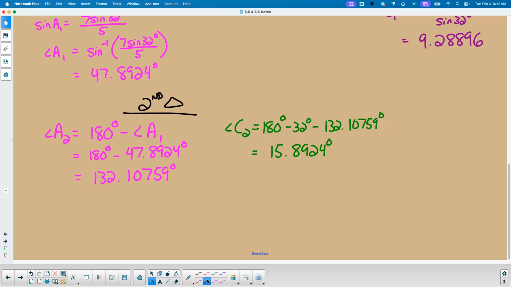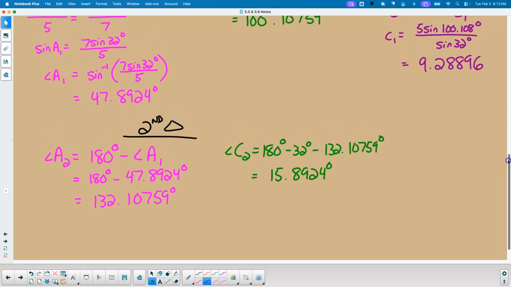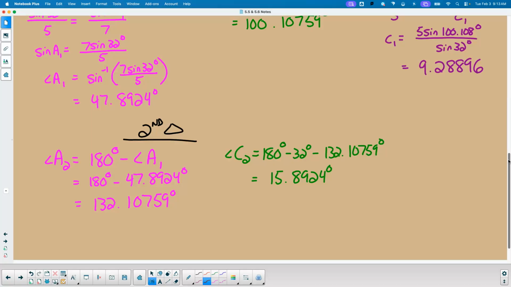Then I'm going to scroll back up just a little bit. We did the work for side C sub 1 already, which means the work has been done for side C sub 2.